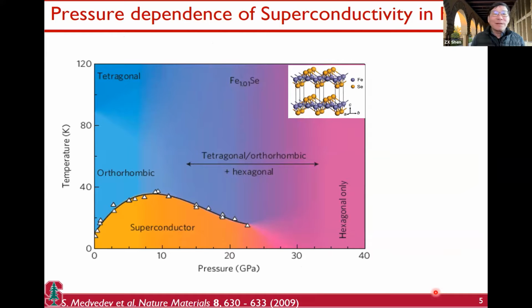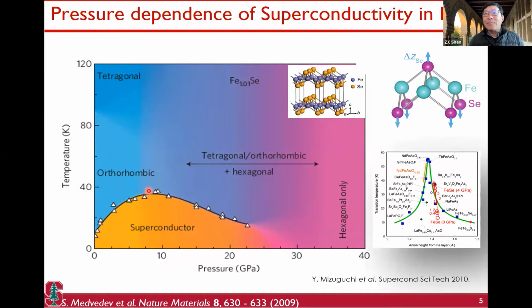Okay. So let me, for the first topic, start out with iron selenide. That's the pressure dependence. That's the work of Jason Gu. And we know it's a low TC material. Under, I would say, modest pressure, the TC went up almost by a factor of 4 to 5. So this is very interesting.